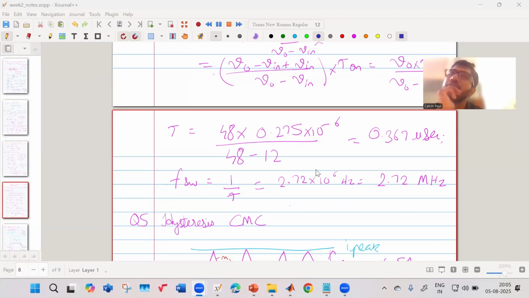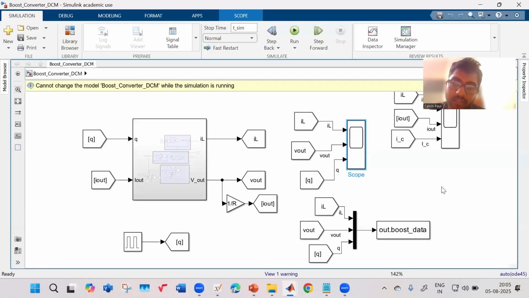Yeah, like one student had done. They had done it actually, but it takes a lot of time. You could use the actual switches in MATLAB instead of going through this approach. It's also good.